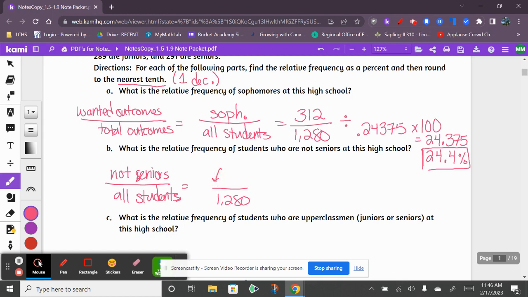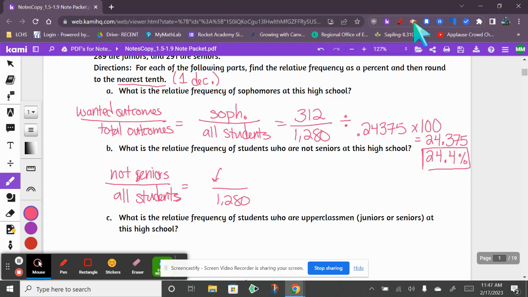You could add up all of the freshmen, sophomores, and juniors together, or you could just take 1,280 minus the amount of seniors that you have. So you could just do 1,280 minus 291. Either way works though. We'll go ahead and just add up all of them that aren't seniors.